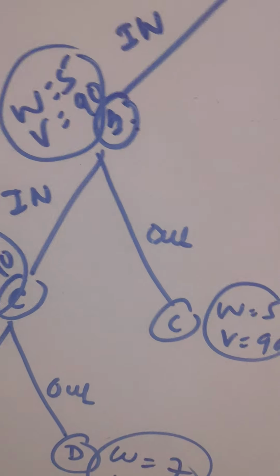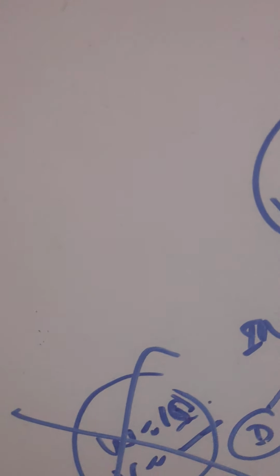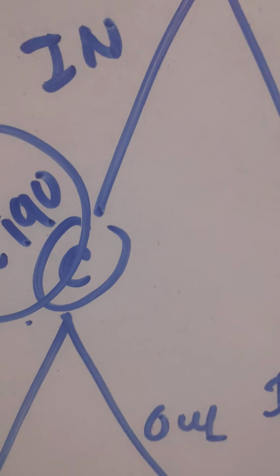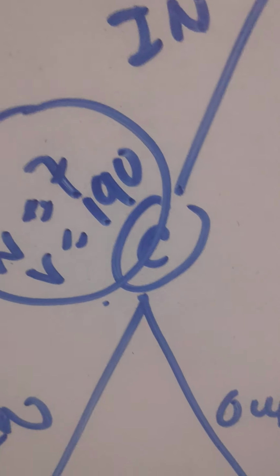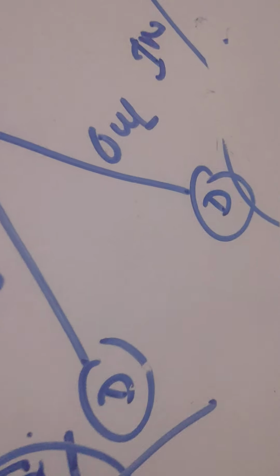Similarly, for this C, again I have to do in D and out D. Let me write it once again. It was 7 and V was 190.